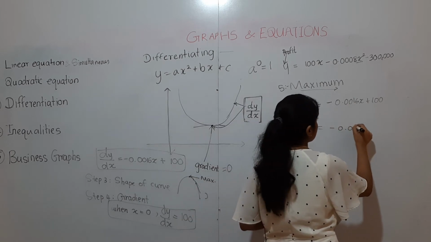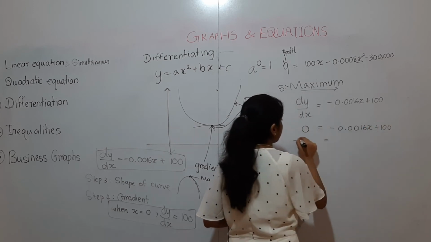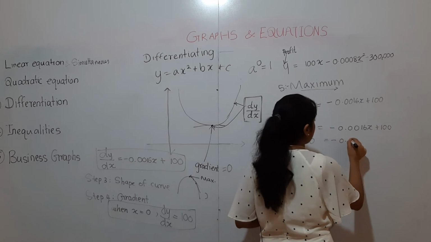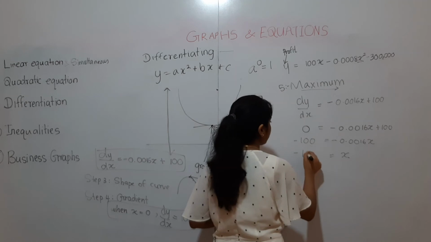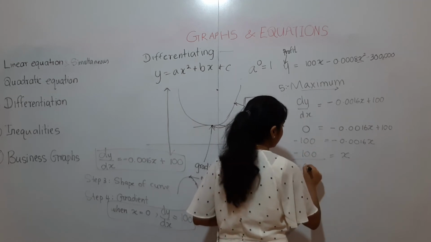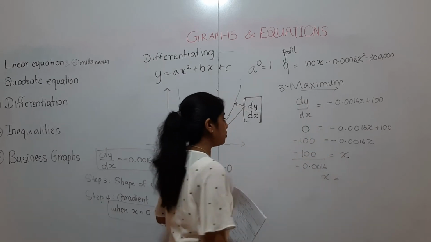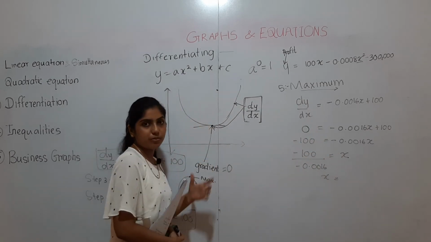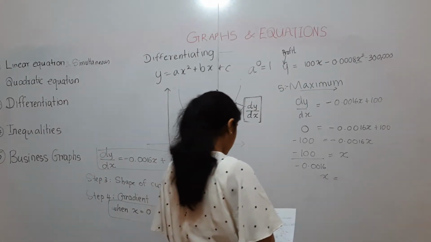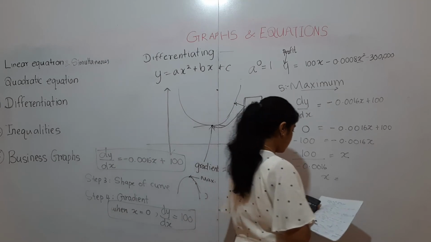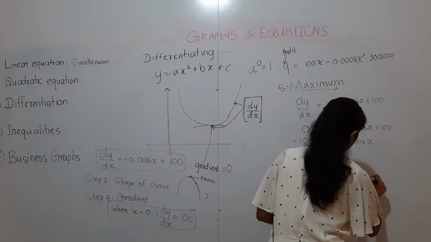Then this equation will become this. So we will have minus 100 equals minus 0.0016x. Find the x value when the gradient is 0. That's it. You will straight away get the level of sales you should make to get maximum profit. 100 divided by 0.0016 is 62,500 units.